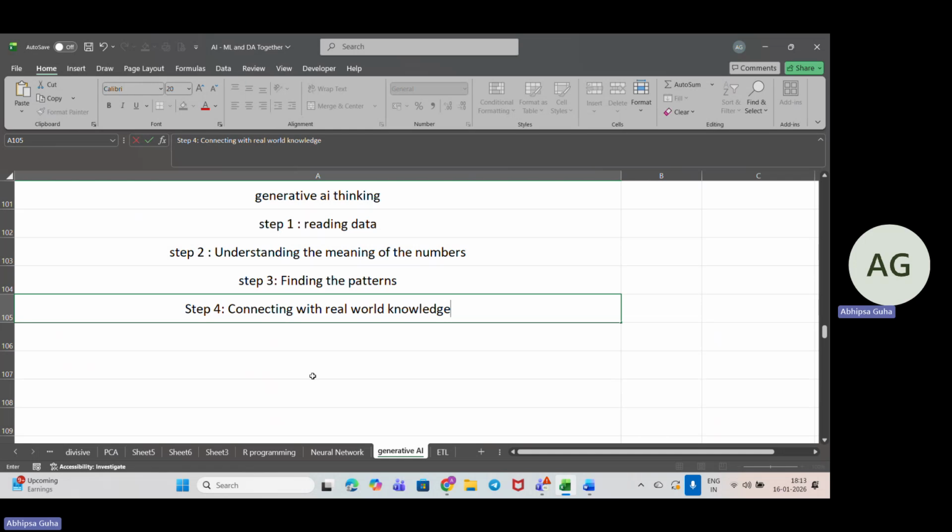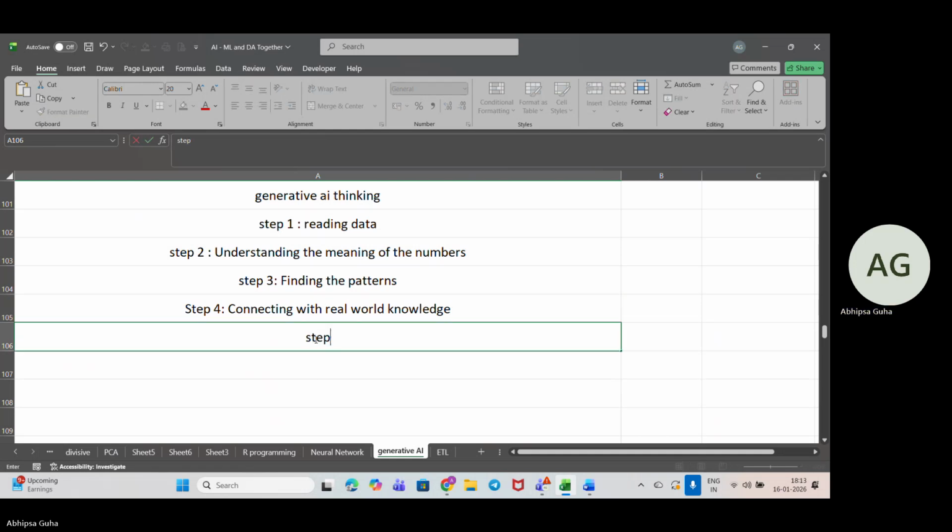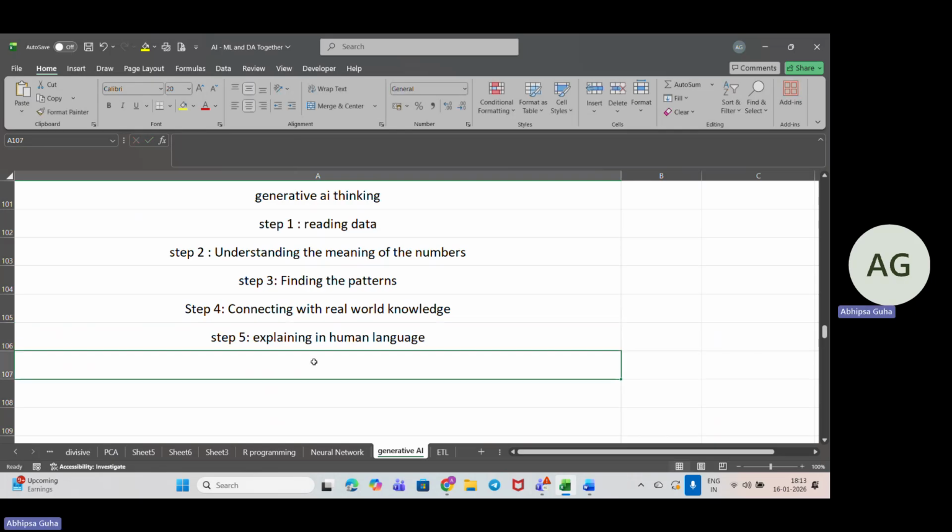Then explaining in human language. Then predicting the future. Okay, so this is the entire idea.